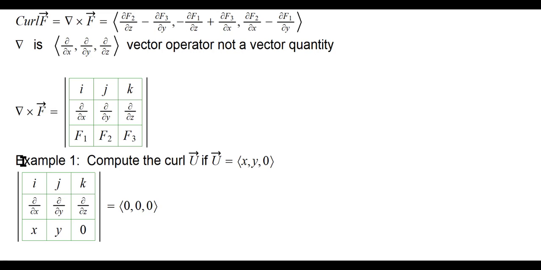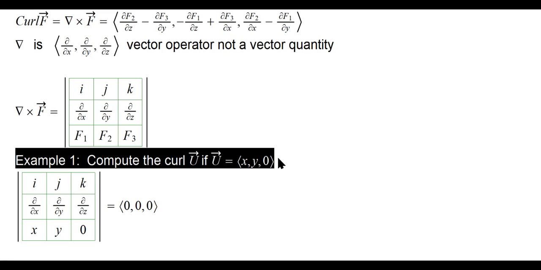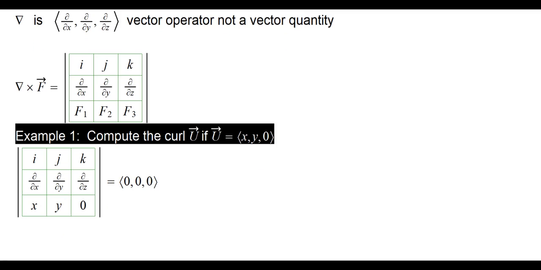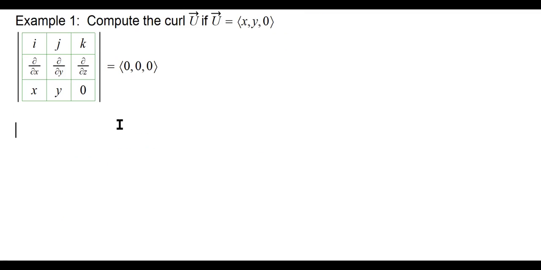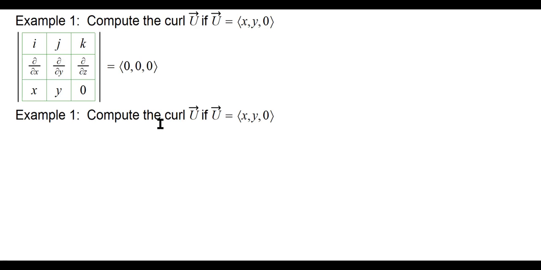Now let's take another example, in which we make a little change. We change this to w. Here I am taking this vector field to be, say, negative y, then x, then 0.